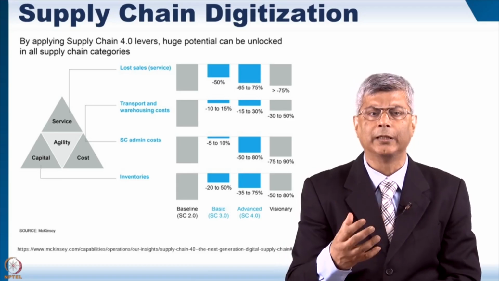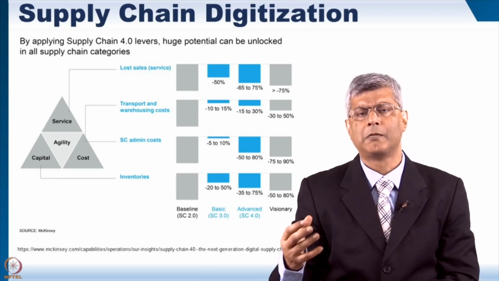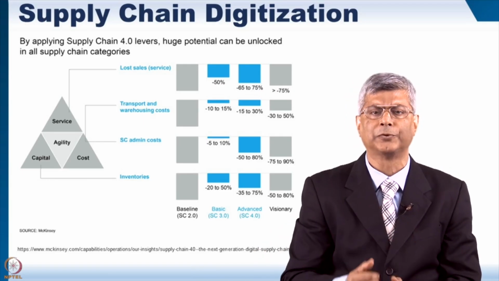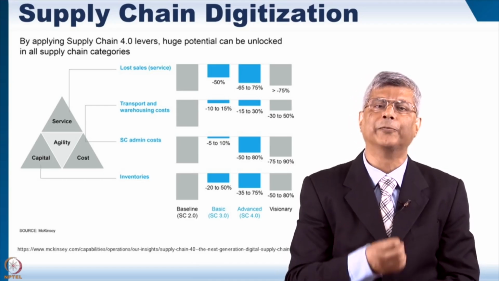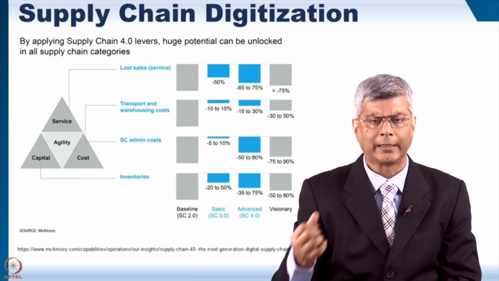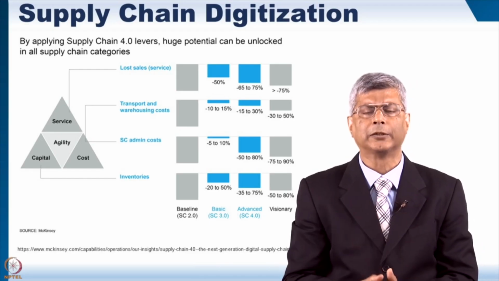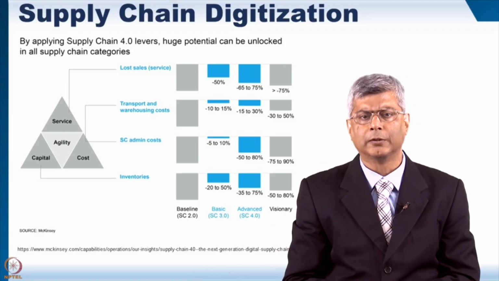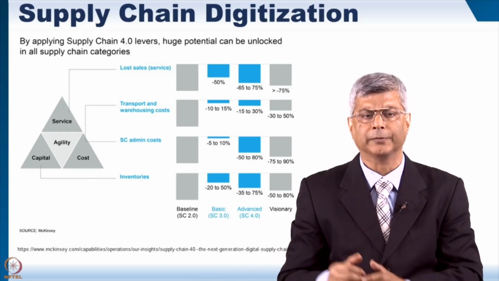But essentially, with the advent of big data and AI tools and different other kinds of tools, the expectation from various companies and various analysts and various consulting companies, and my own personal expectation, is that, as you can see on the screen, a lot of the levers of supply chain will be impacted positively.